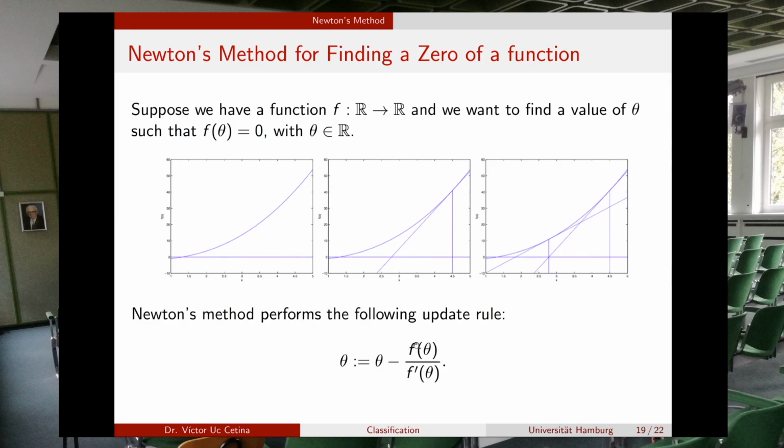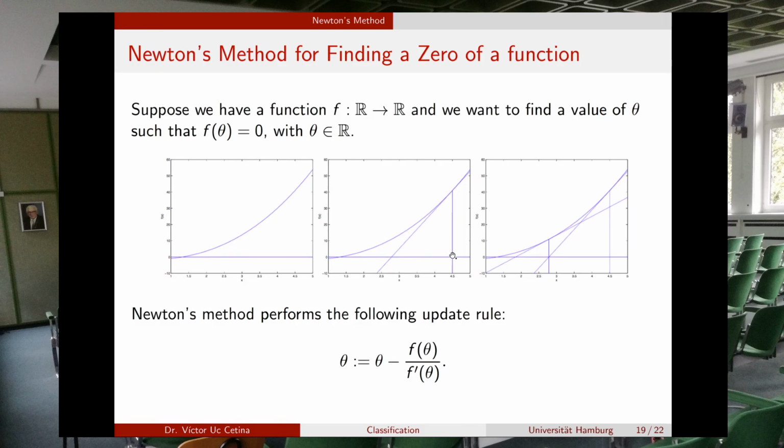This rule is very easy to derive. Just observe that here we can create a triangle. Theta is this value here. If we know this value, we can compute the f of theta, which will be this side of the triangle.